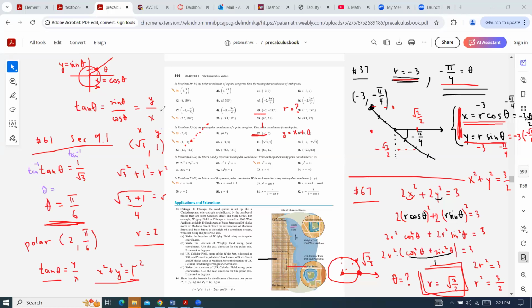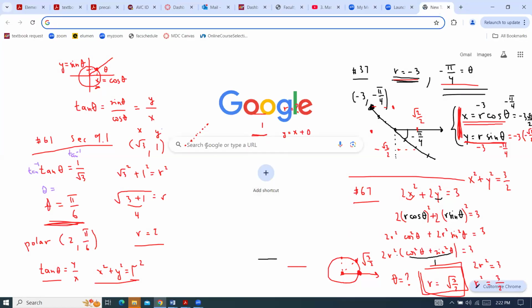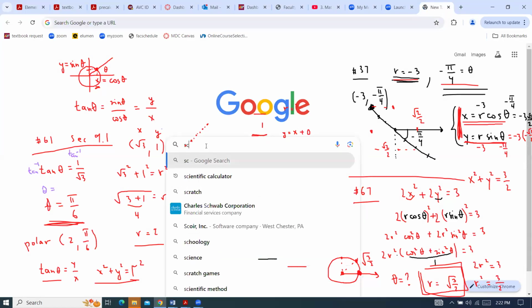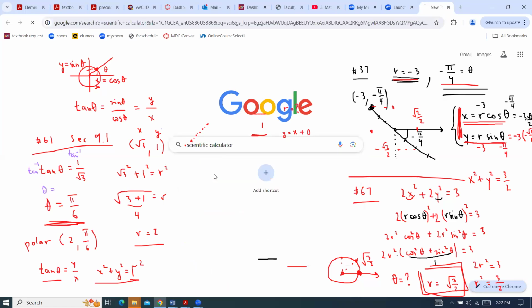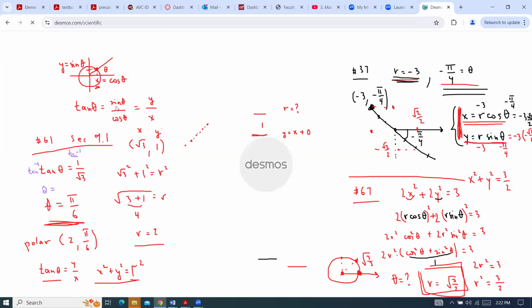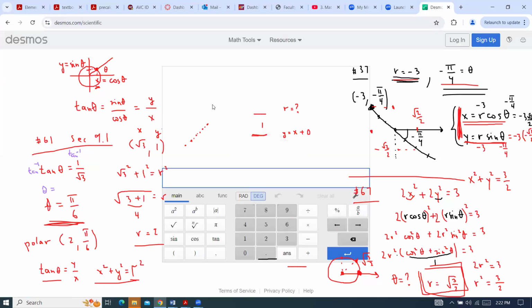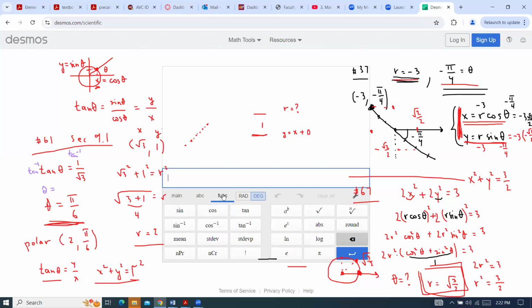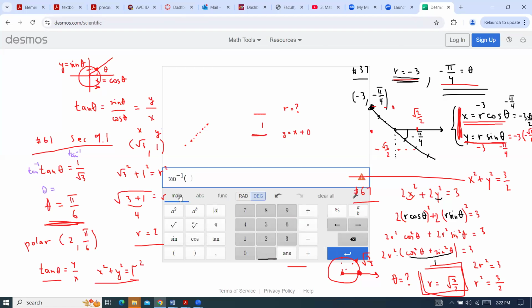Let me show you that. I guess that's the fastest way. So my favorite scientific calculator, right? And I need the arctangent function, which is not here. So I go to the functional menu, and here's arctangent. Remember, back to main, I need to enter what? 1 over square root of 3, right?